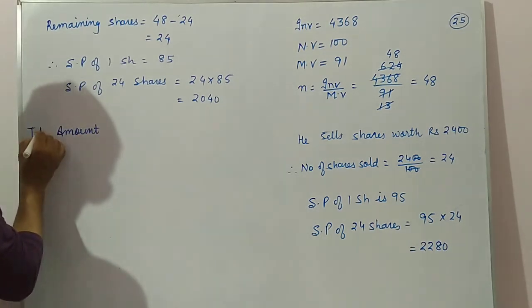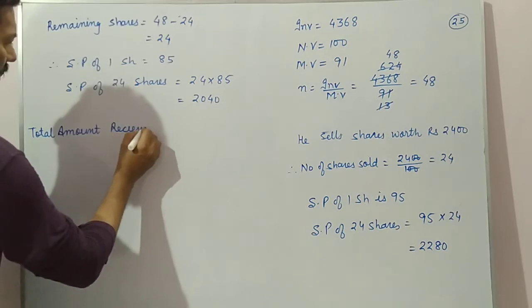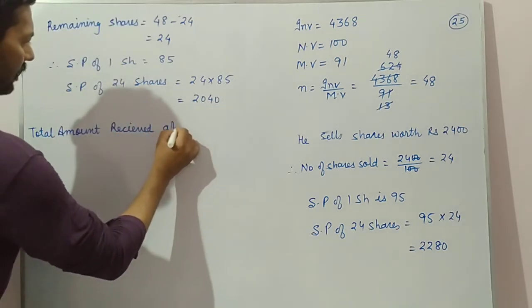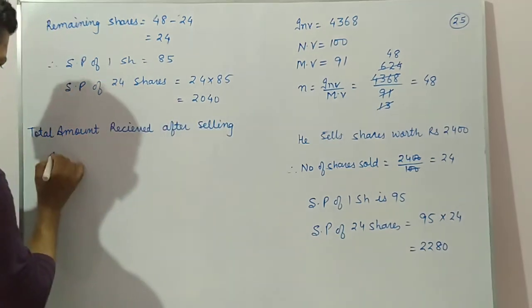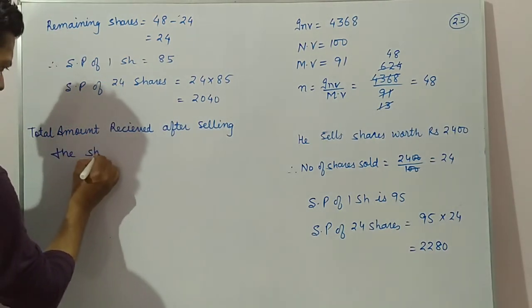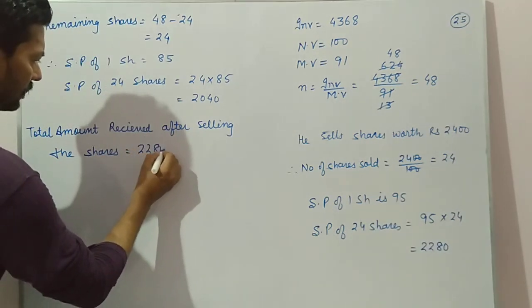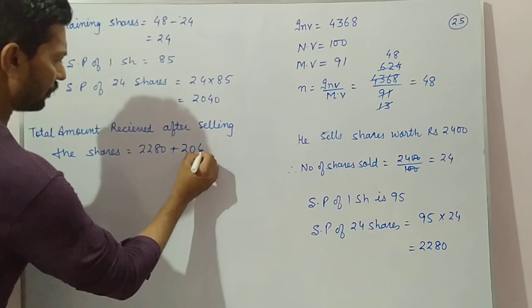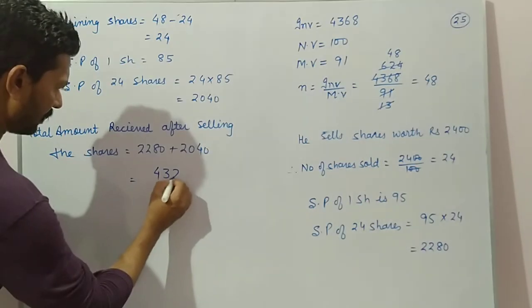Total amount received after selling the shares, that is 2280 plus 2040. So this is 4320.